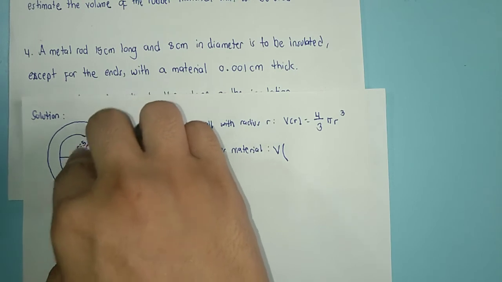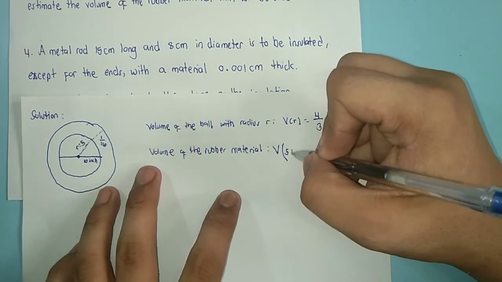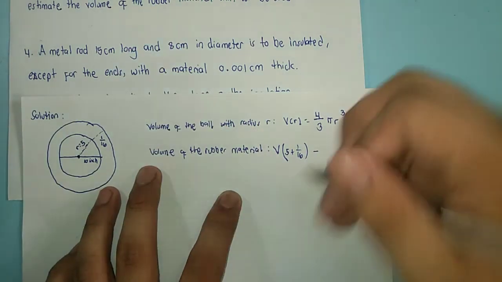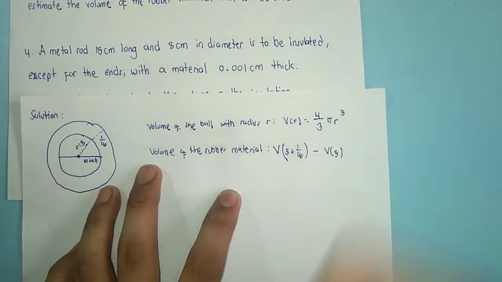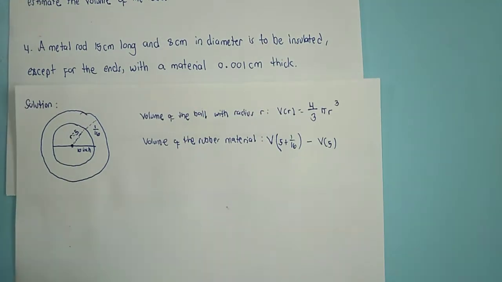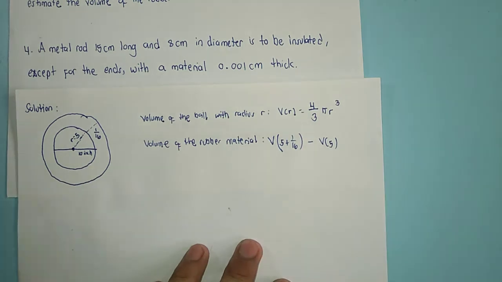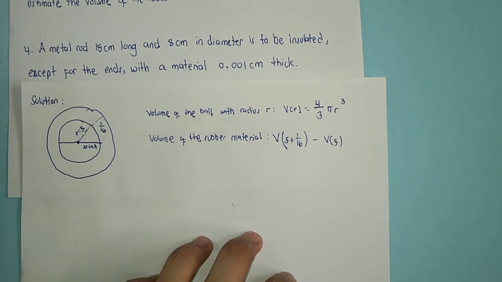Pagsamahin natin yung radius, 5 plus 1 over 16, minus yung volume ng bola natin, which is V of 5. Itong volume ng rubber material, ito yung nagre-represent doon sa change in volume.